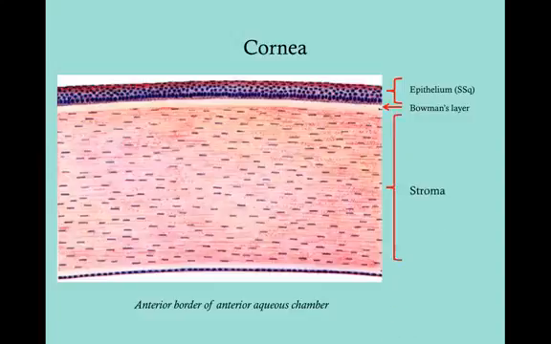You have a large stromal layer here, and then Descemet's membrane, which serves as a basement membrane for the endothelium. And the endothelium has a pump function, and that pump function helps keep the sclera dry, which is important. And then beneath that, you have the anterior portion of your aqueous chambers.